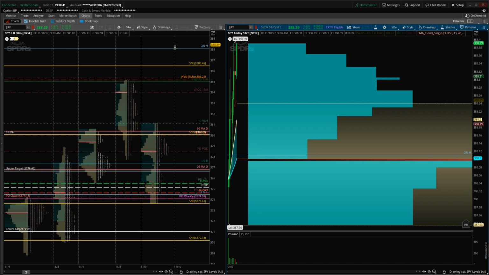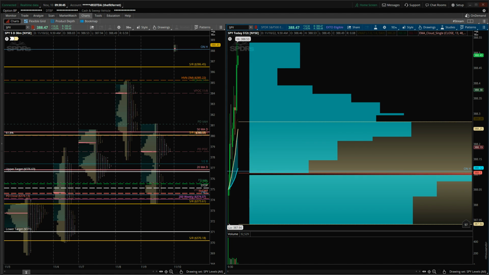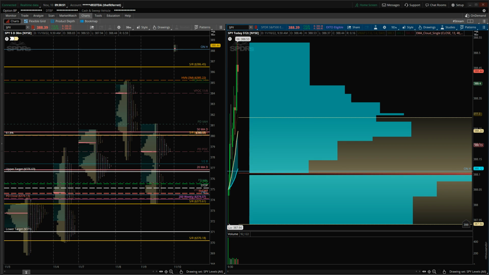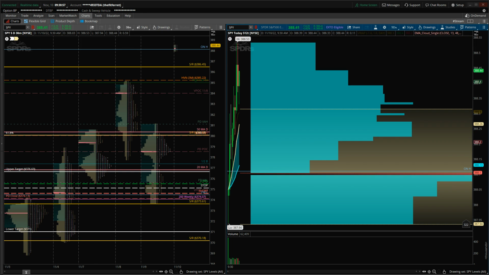Now I need to turn overnight data off on my main chart so this looks a little better to read. Got to adjust a couple more things.